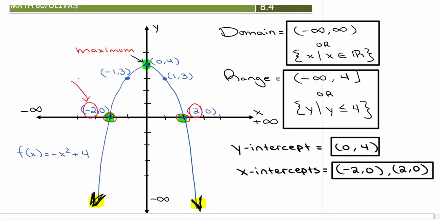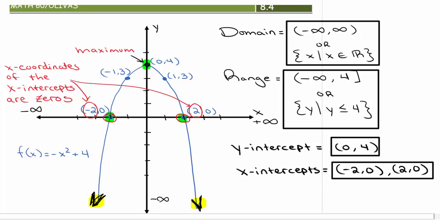So those x coordinates of the x-intercepts are zeros.